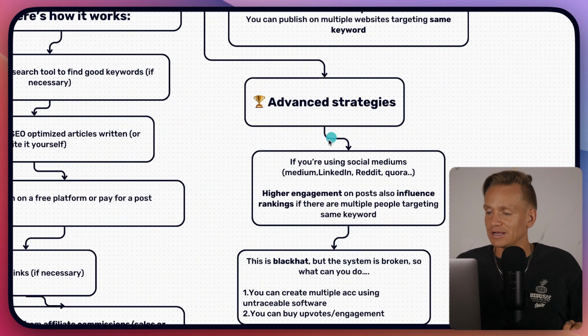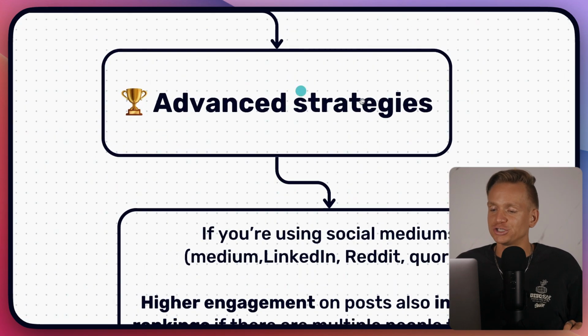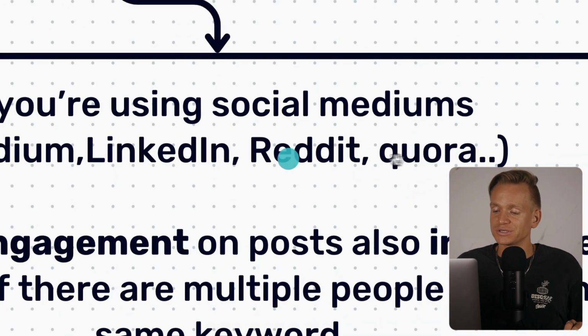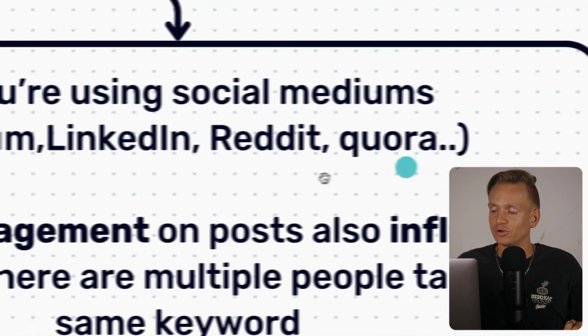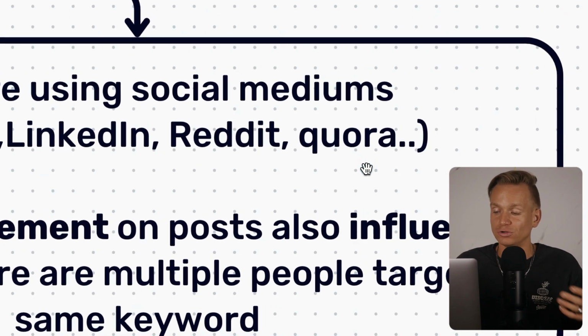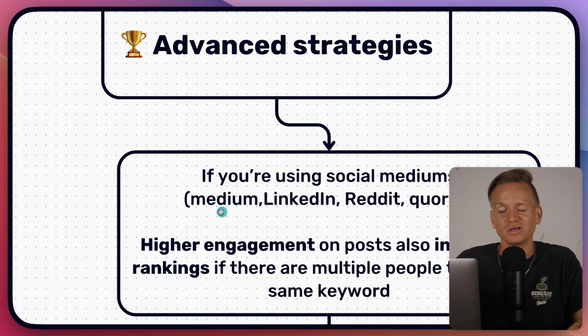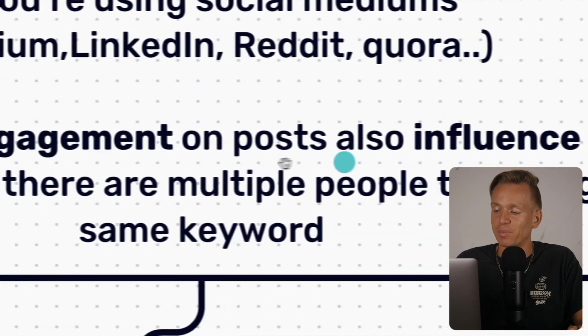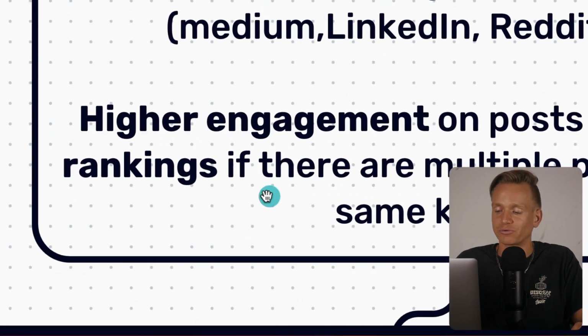So now let's talk about some advanced strategies. If you're going to use social mediums, so Medium, LinkedIn, Reddit, Quora, all of these are technically social media websites, even though Medium is not that much, then higher engagement on a post also influences your ranking.